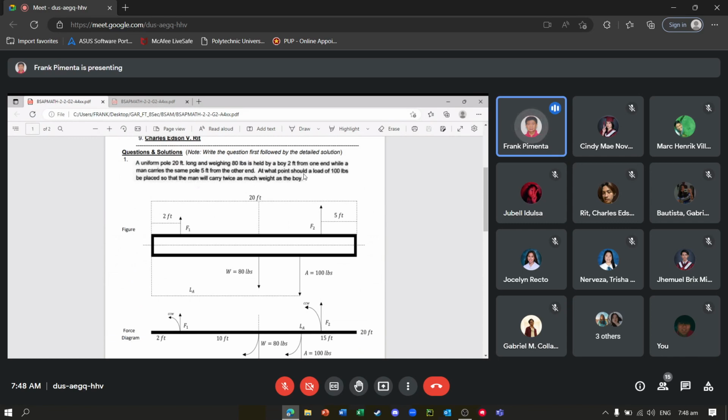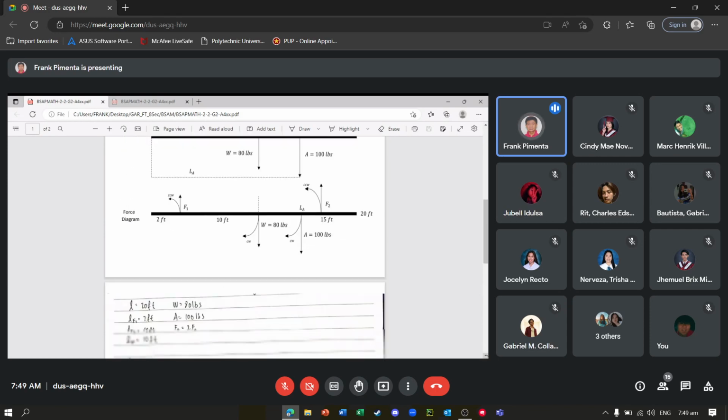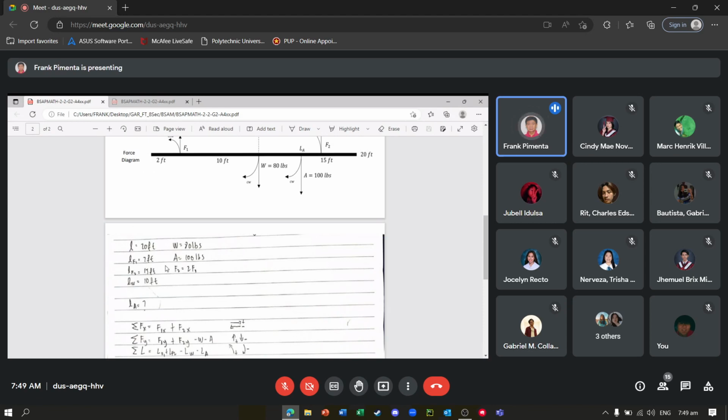Now, there is a condition here. At what point should the load of 100 pounds be placed so that the man will carry twice as much weight as the boy? So if you identify the F sub 1 and F sub 2, this is for the boy, this is for the man. The force exerted by the man is F sub 2, which is 2 F sub 1. So that must be reflected. Ito, okay?